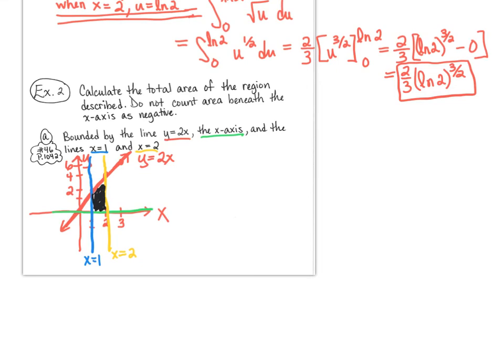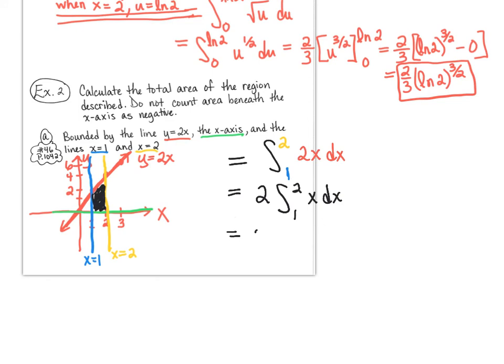So we know that mathematically, to find the area, that means we want to integrate. So that region, that black area, is equal to the integral from 1 to 2 of 2x dx. The 2 comes out, and then we're integrating from 1 to 2 of x dx. We find the antiderivative.